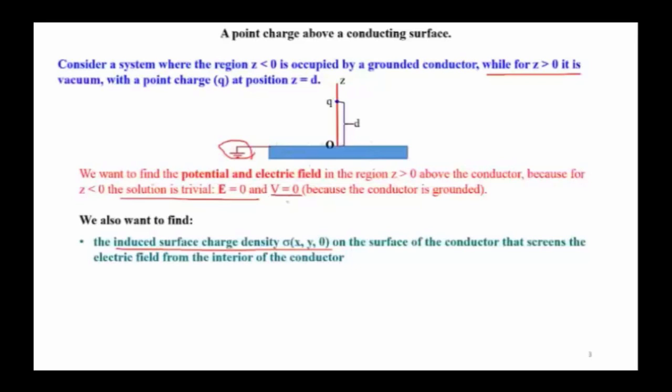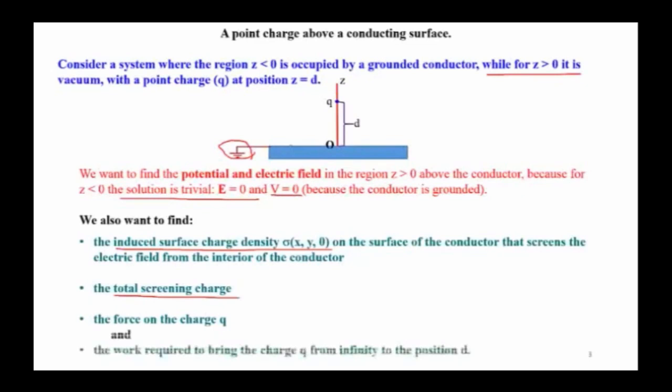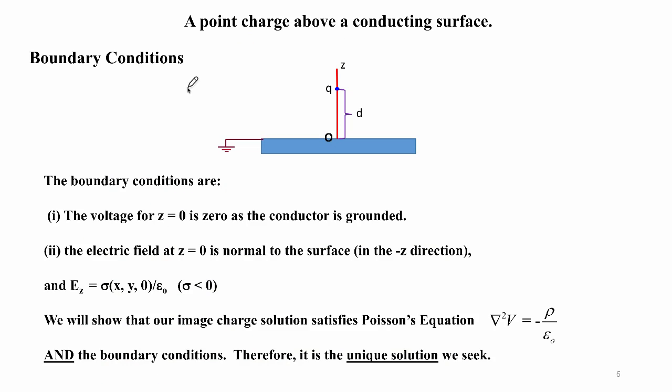We'd like to find the total screening charge, and the force on Q due to the induced charge. And finally, we'd like to find the work done to bring this charge to its position from infinity. So, for example, you assume that you're at infinity along the z-axis, and you bring the charge in from infinity to this position here. So what is the work done?